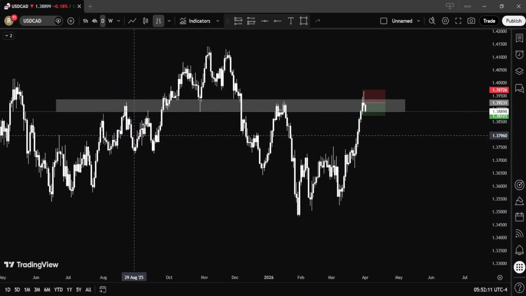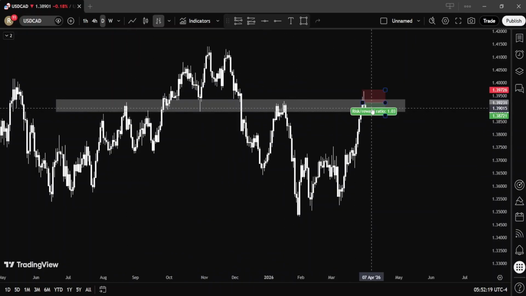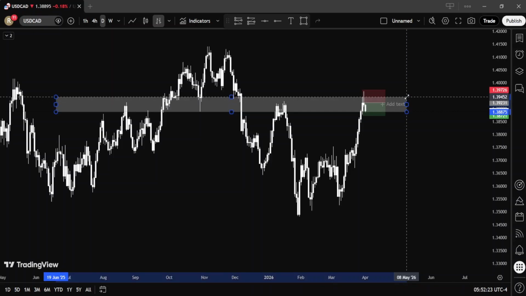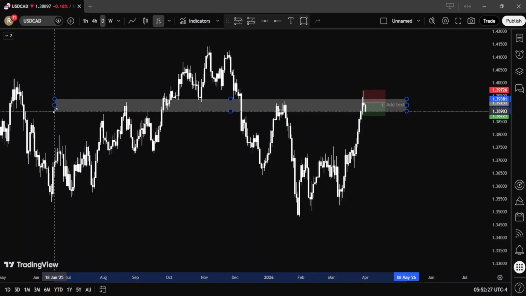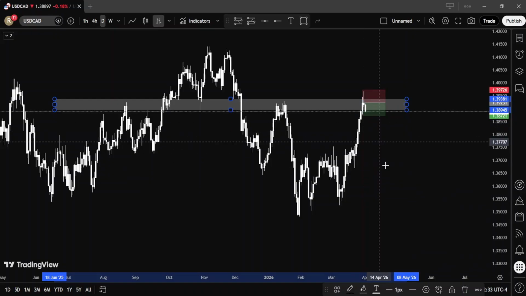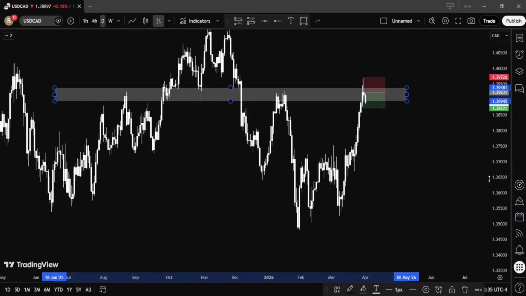This is quite big. So for me, since all kind of trading is a game of probability, I would assume that when price comes up here, it's going to start to react and go in the opposite direction.